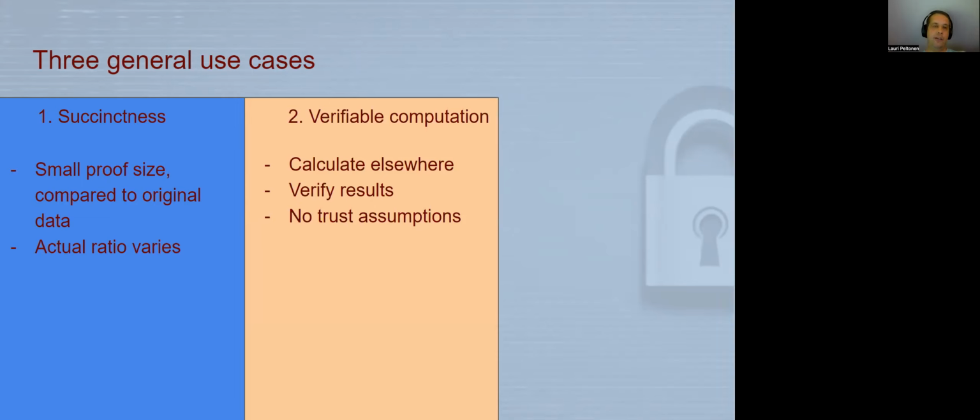The second use case I call verifiable computation. This is a bit more theoretical. This basically means that you have some complex computations that you want completed, but you don't want to do it yourself. So you ask someone else to do the computation, but you also want to make sure that they did it correctly.